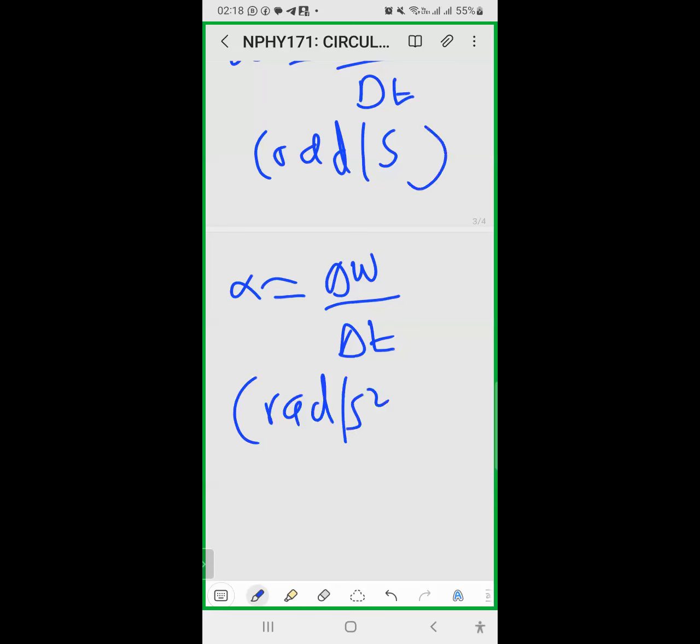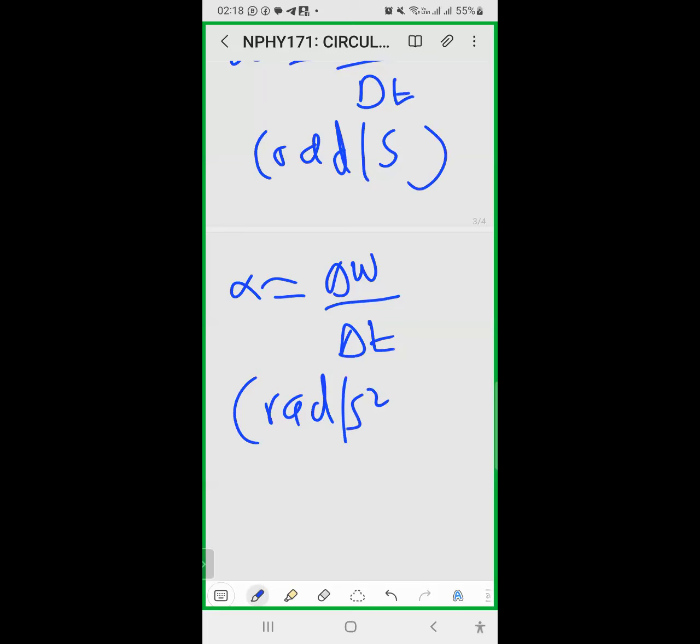So one can notice that here we are applying kinematics concepts, but now in circular motion. Remember, in linear motion, the velocity is the change in displacement over the change in time. But now here we are dealing with circular motion.